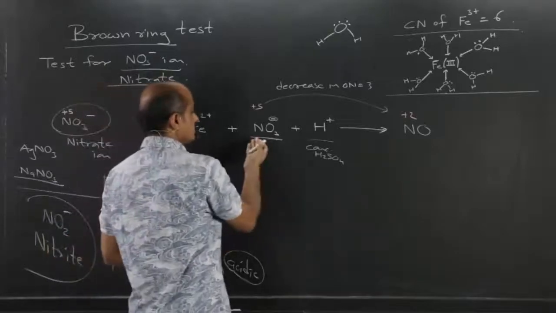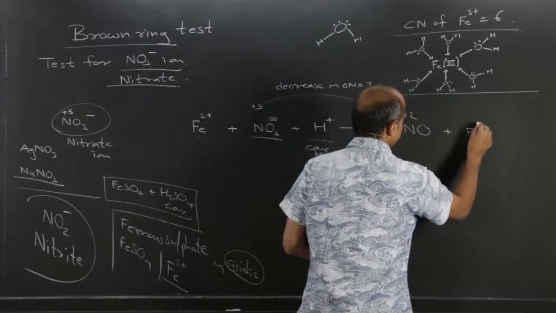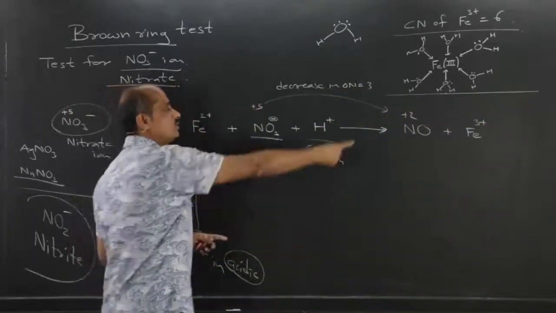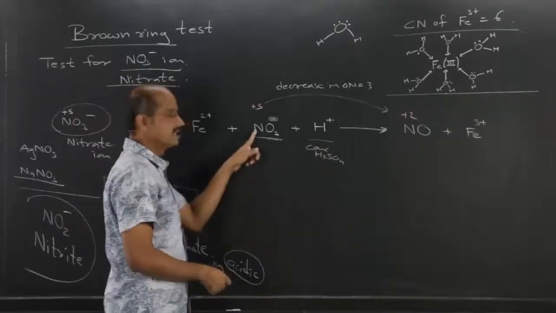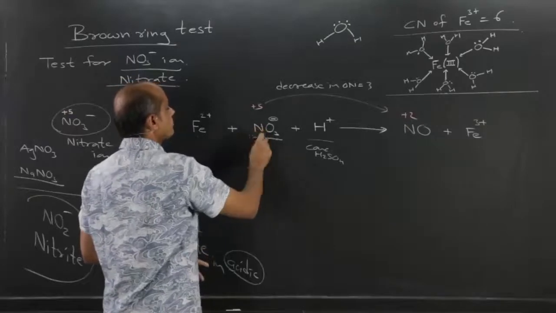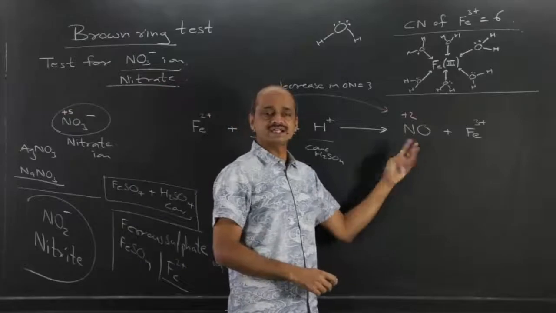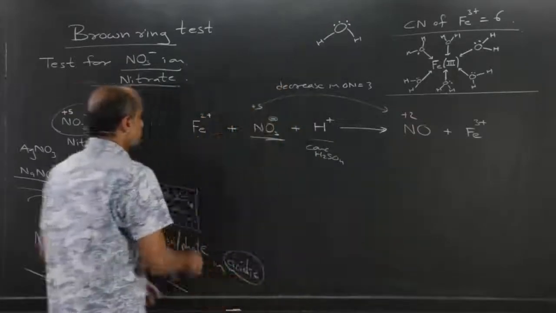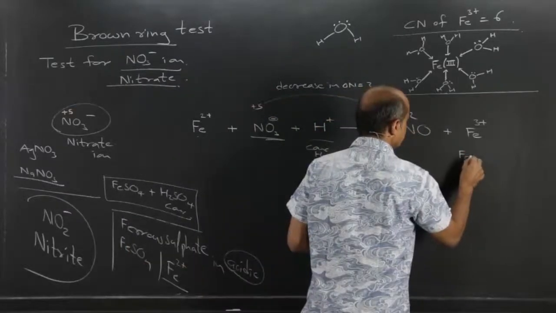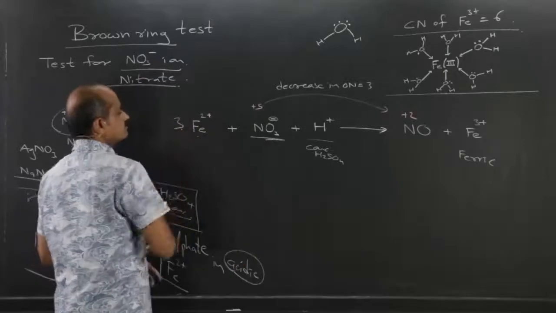Under these conditions ferrous gets converted into ferric. This is an increase in oxidation number; it releases an electron, while nitrogen gains electrons. To balance electronically, one nitrate getting converted into NO accepts 3 electrons. One ferrous changing into ferric, Fe plus 3, releases one electron, so 3 should be used.